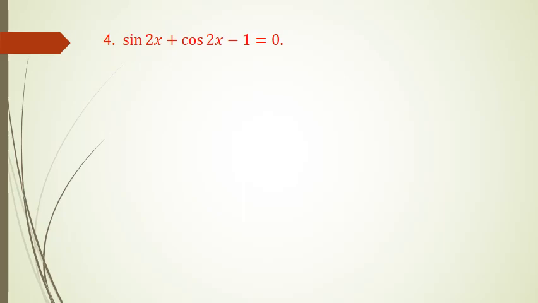Number 4, sine 2x plus cos 2x minus 1 equal to 0. Here we have two double angles in both functions, sine 2x and cos 2x. Now we have to think carefully how we are going to substitute for this one, because this one will give us both functions, sine x and cos x.